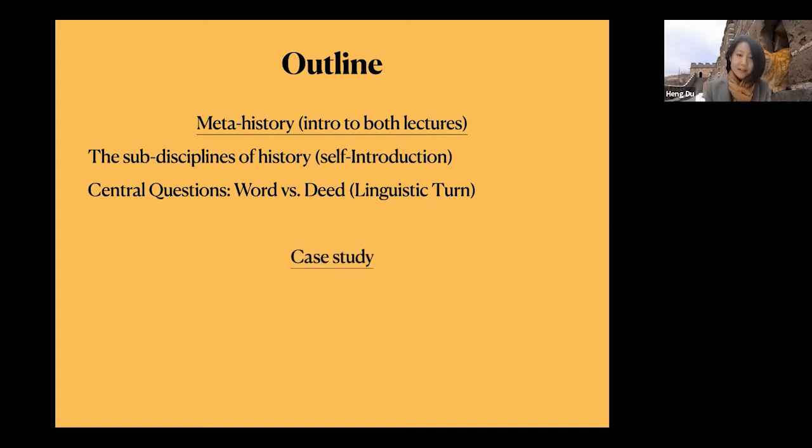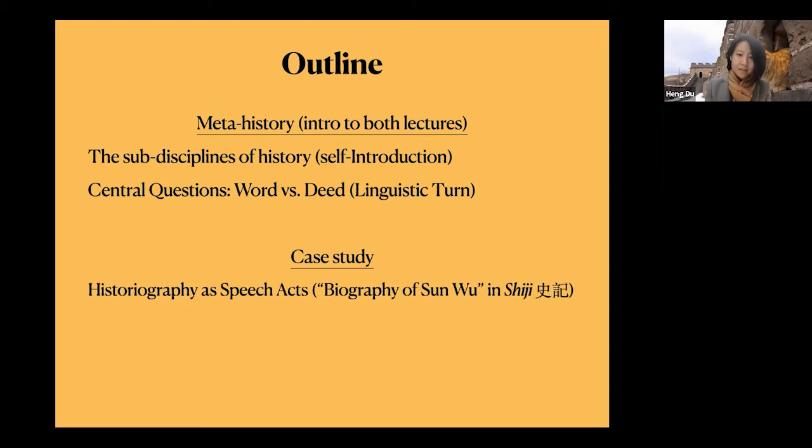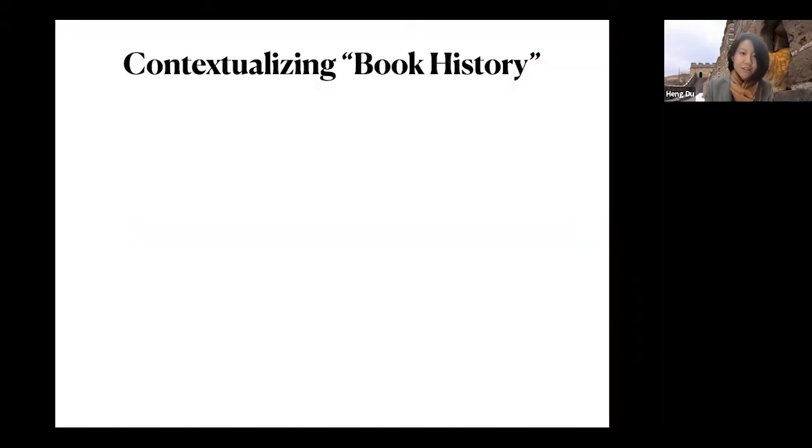The case study for today is centered around a biography in what's often thought of as the earliest authored historiographical work in the Chinese tradition, the Records of the Grand Historian, or Shiji. We're focusing on basically one single story on Sun Wu, and then we'll do a very quick conclusion.